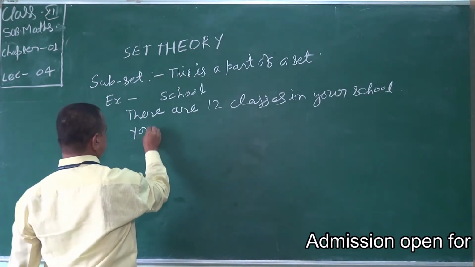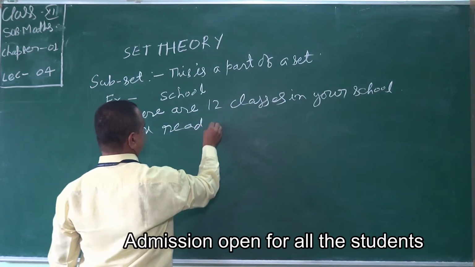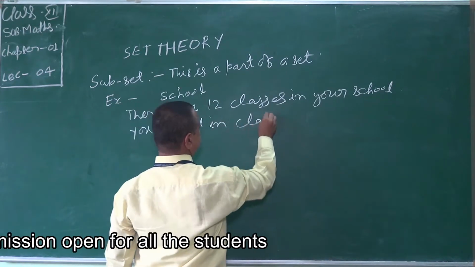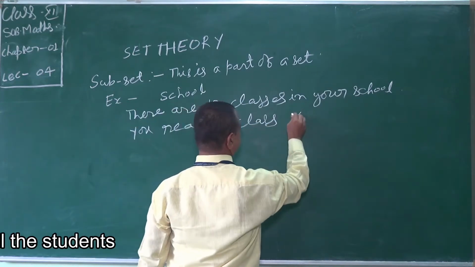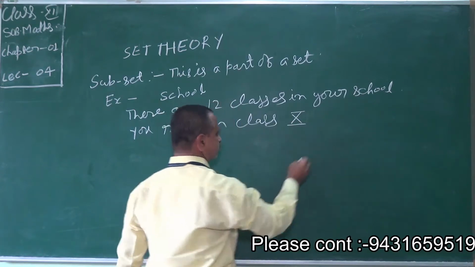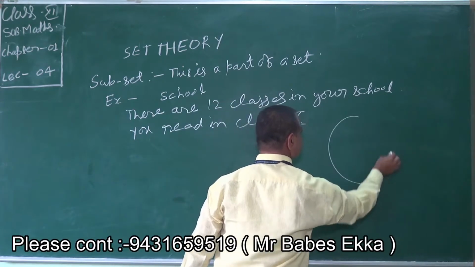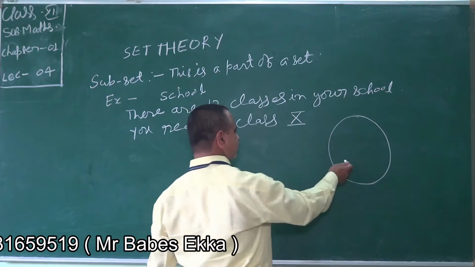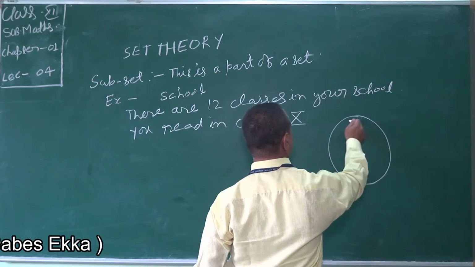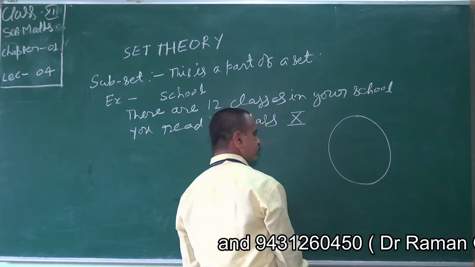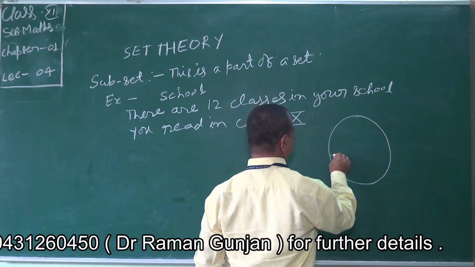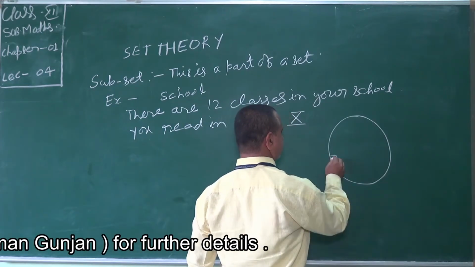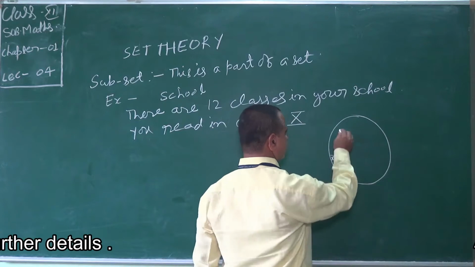You read in class 10. Yes, it is your school. Here are class 1, 2, 3, 4, 5 and so on up to 12 classes, and here is your class 10. There are different classes.